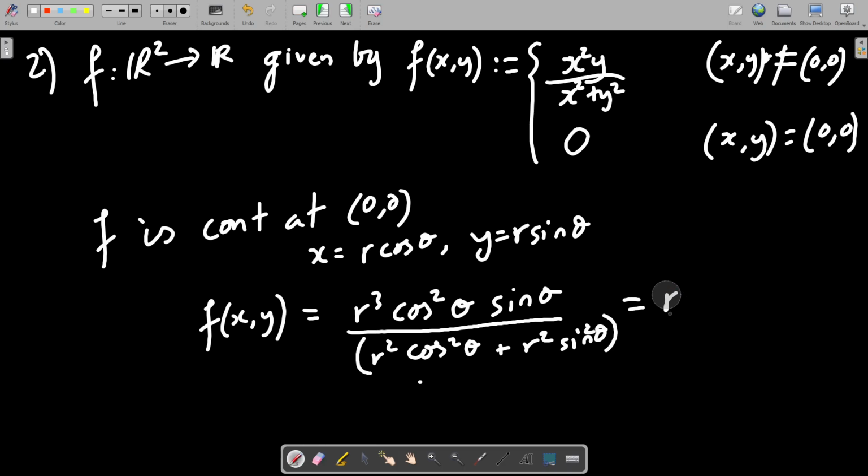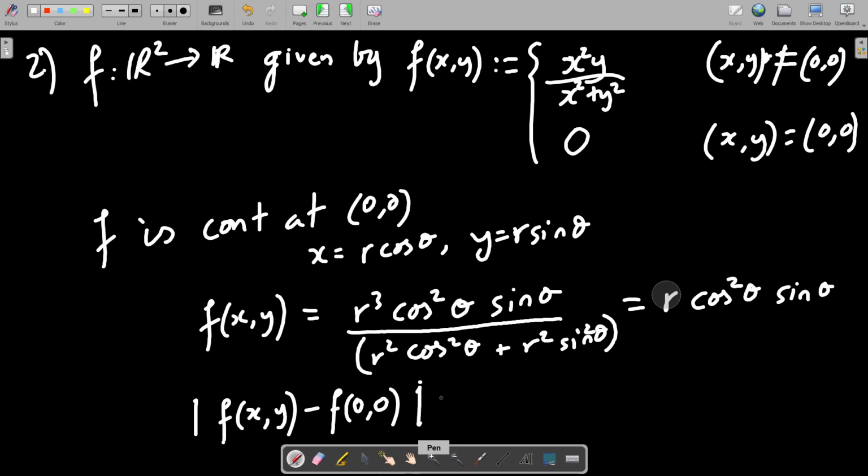So what remains here is only r cos square theta sin theta. Now notice here, the claim is that I have to show that modulus of f(x,y) minus f(0,0) is less than epsilon, right?